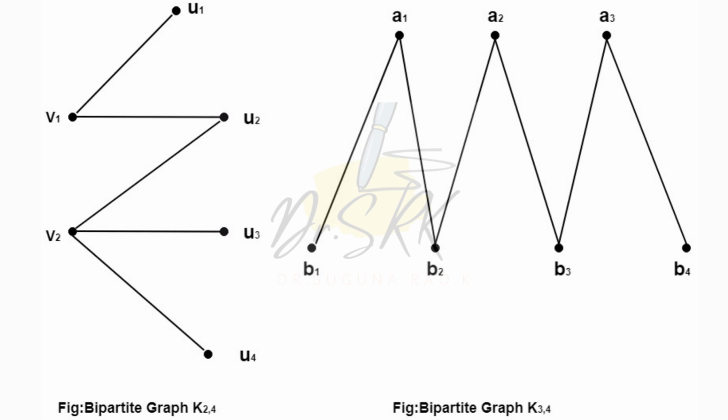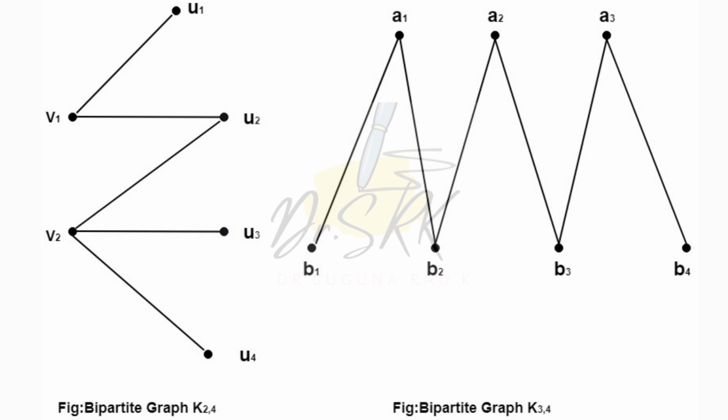The first graph represents K24, means here two partitions of the vertex set. V1, V2 is the first partition, and U1, U2, U3, U4 are the second partition. Means the vertex set can be partitioned into two subsets. V1 and V2 is the one subset for the vertex set. U1, U2, U3, U4 is the second subset of the vertex set.